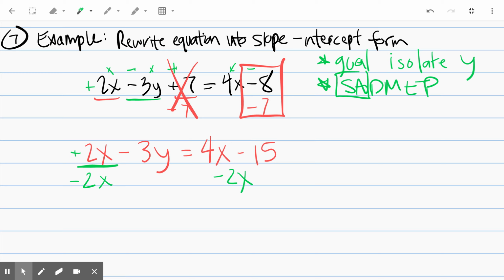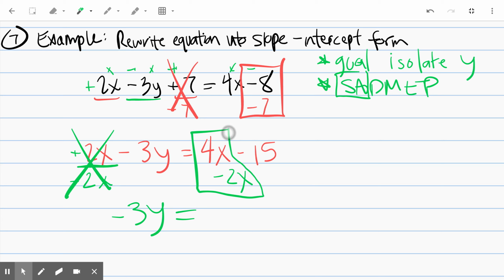Okay, now positive 2x minus 2x is going to equal 0. It cancels each other out. All right, so on this side, we are left with negative 3y. We're getting close. Equals, and again, because these are like terms, I'm going to actually combine them from the get-go. So 4x minus 2x leaves us with 2x minus 15.